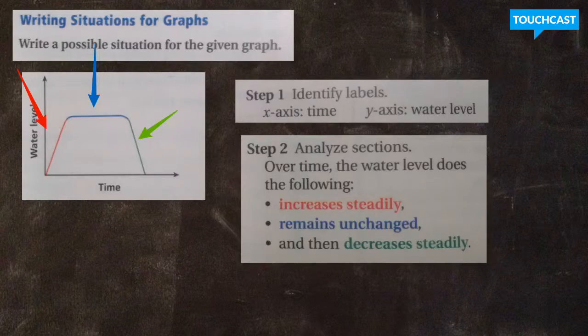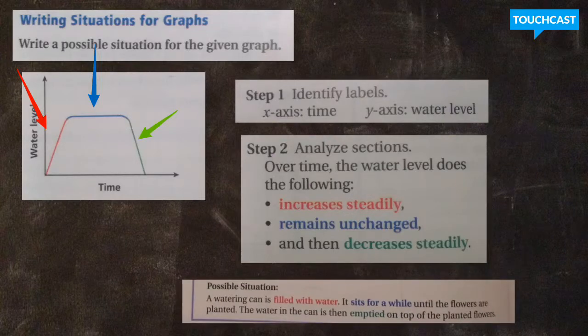So, a possible situation, but not the only thing that could work for this, is that a watering can is filled with water and it sits for a while until the flowers are planted. Then the water in the can is emptied on top of the planted flowers until the watering can is empty. So we have finished lesson 4.1.